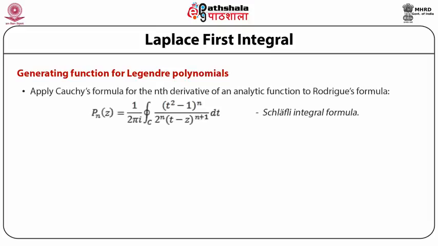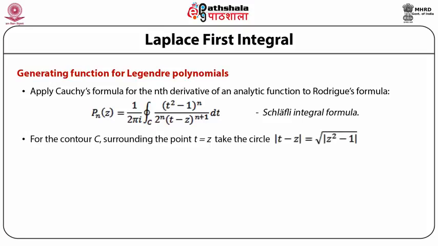If we use Cauchy's formula for the nth derivative of an analytic function for the Rodrigues formula, we obtain Pn(z) equal to 1 by 2 pi i, the contour integral of (t^2 - 1)^n by 2^n (t - z)^(n+1) dt, where C is any closed contour surrounding the point t equal to z. This is called Schlafli's integral formula.